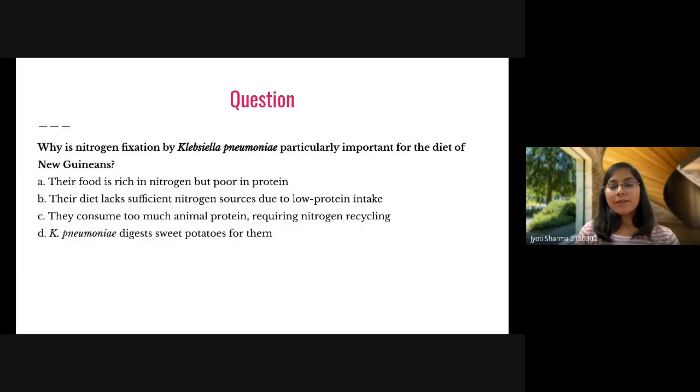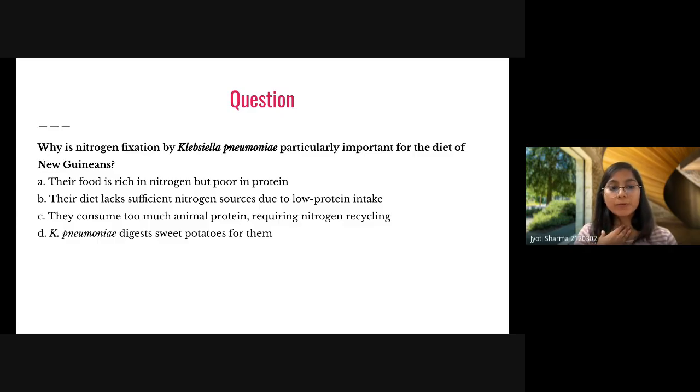Okay, so we do have another bacteria, and the name is Klebsiella pneumoniae. And the question is, why is nitrogen fixation by Klebsiella pneumoniae particularly important for the diet of the people in New Guinea?